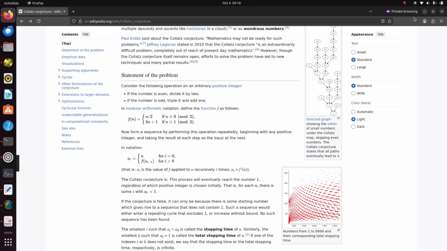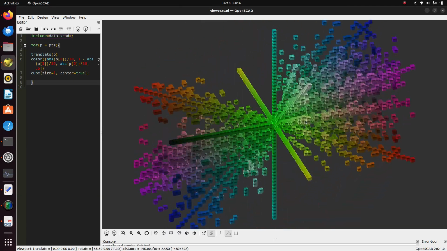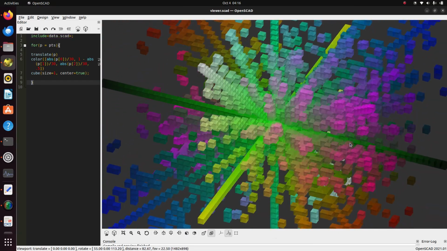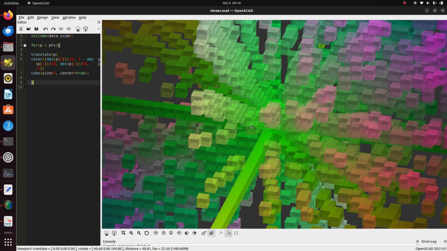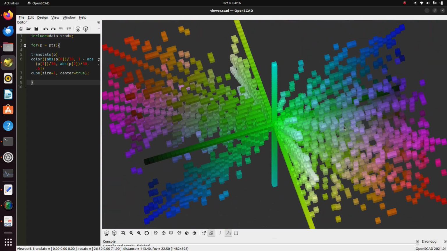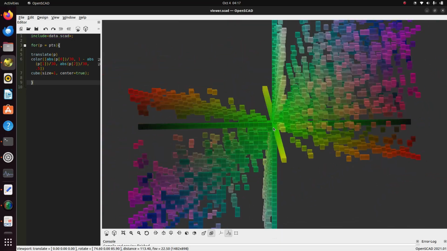So here is this. All these values are values where the sequence ends up converging to a cycle, like in the example we did before.